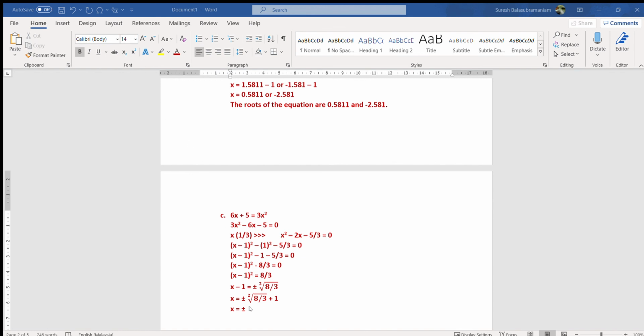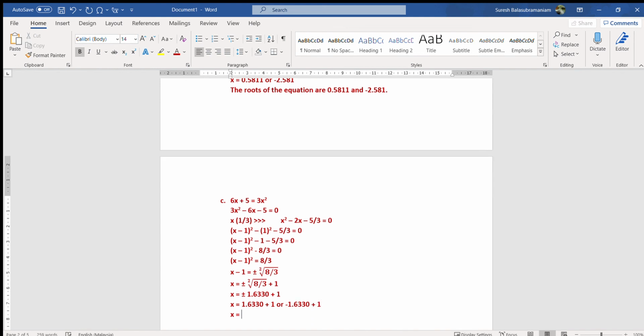So x equals 1.6330 plus 1, or negative 1.6330 plus 1.